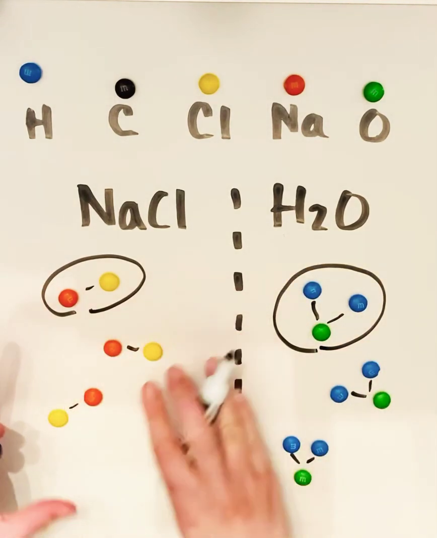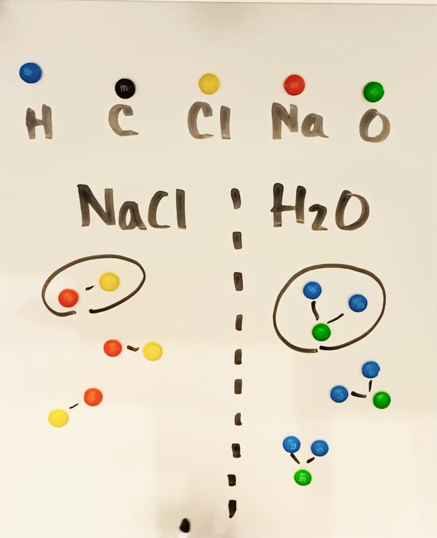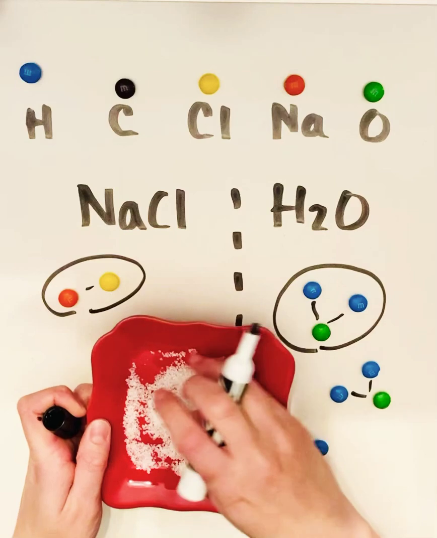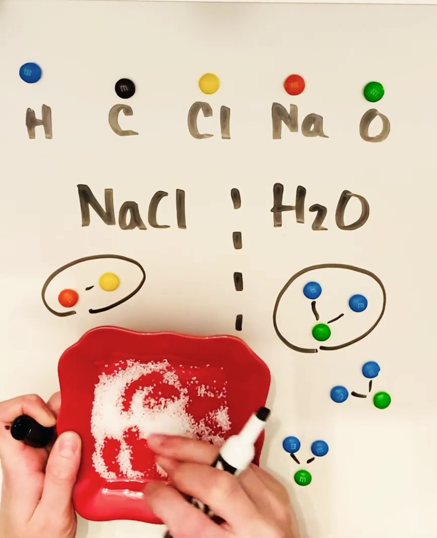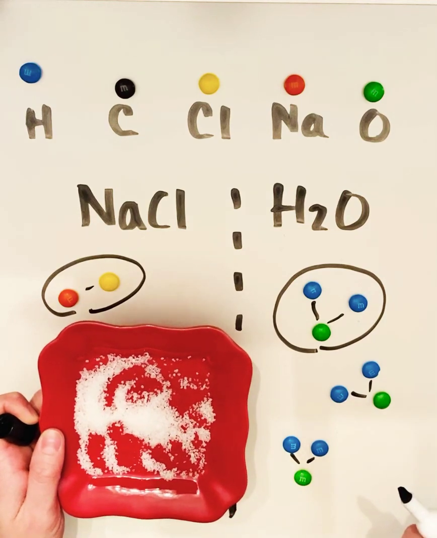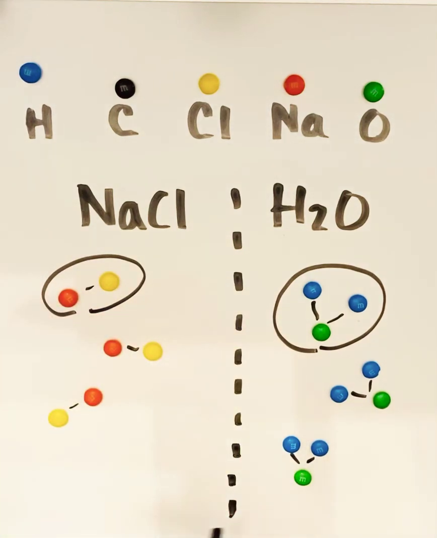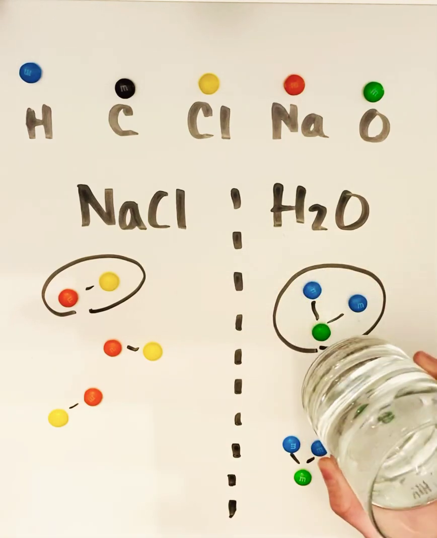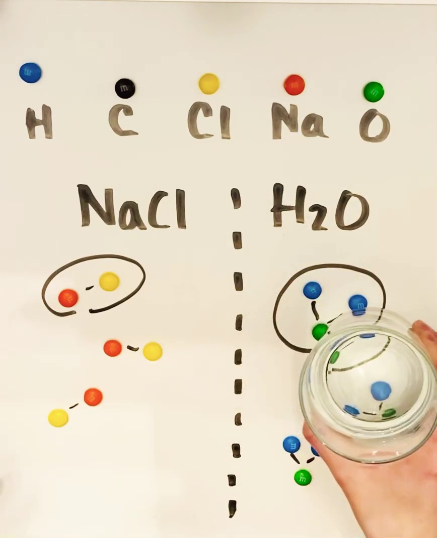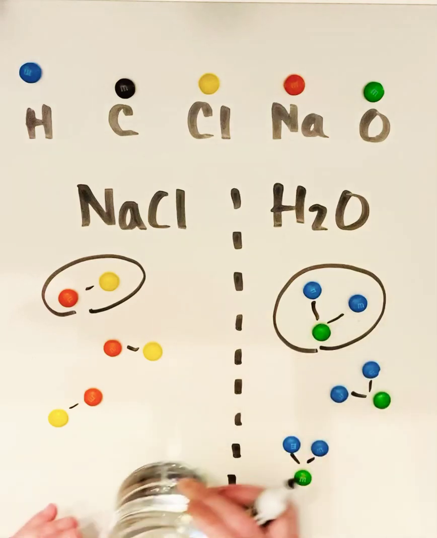But this is not a mixture. This is just a bunch of sodium chloride compounds together. So this would be like this plate of table salt here. Okay, so just a bunch of salt crystals together. It's not a mixture. It's all the same. And then on this side, this is just like a glass of water. So you just have a bunch of H2O molecules floating around, simple glass of water.